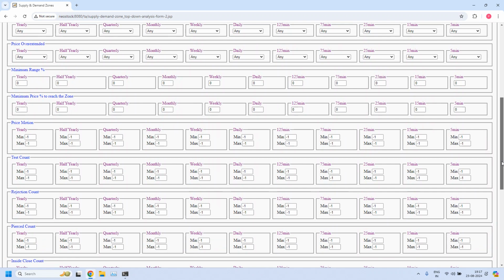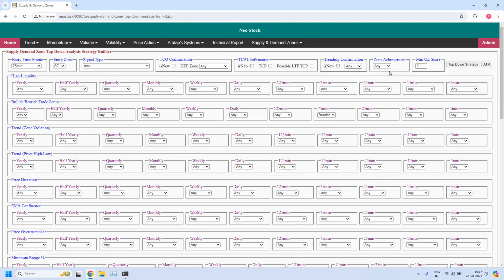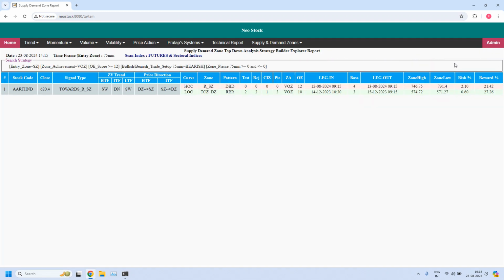So in the pierced count, in the 75 minutes time frame, minimum value is 0, maximum value is 0. Zone achievement is violated opposing zone. Minimum odd enhancers score is 12. All the three filters are applied to the 75 minute supply zone. Let's filter. Only one stock is filtered.